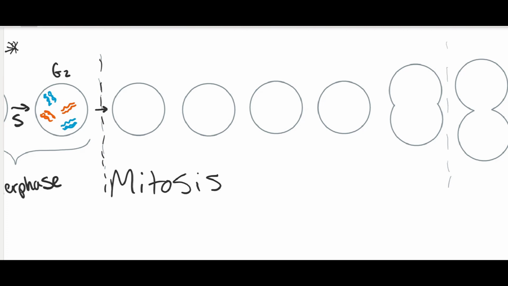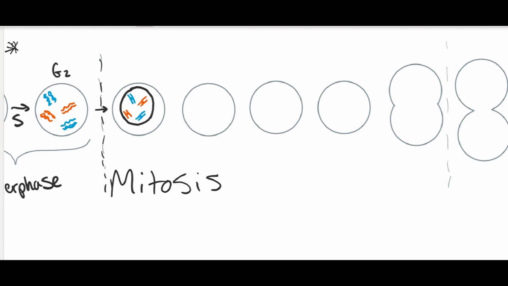Let's draw it out. First things first, in prophase of mitosis, we still have this nuclear envelope, right? And here our chromatin have now condensed into chromosomes. I'm going to represent chromosomes by just these lines, and then that little dot in the middle, those are the centromeres. Okay, so there's a chromosome, and there's a centromere, right?